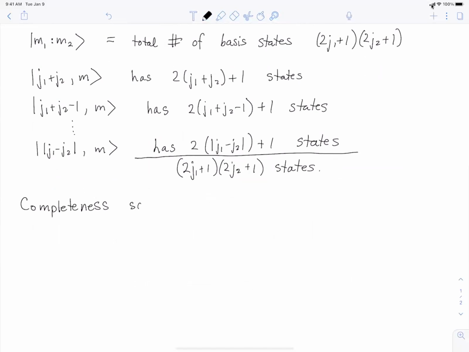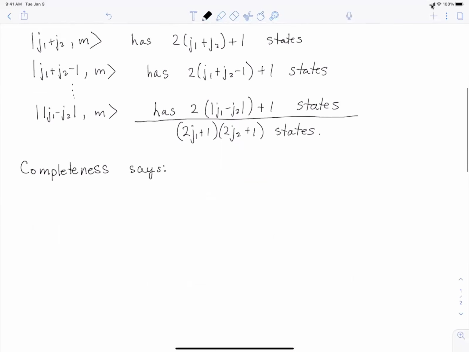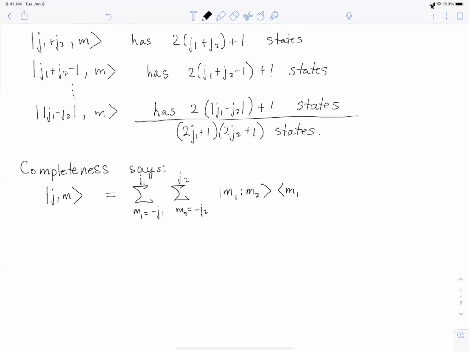And completeness says, in this case, that if I take a state J, M in the total basis, I can write that as this linear combination where I'm summing over all M1s, and I'm summing over all M2s of the product basis state M1, M2 times its bra times J, M. Okay, so all we've done there is we've written the identity operator here in a fancy way using completeness.